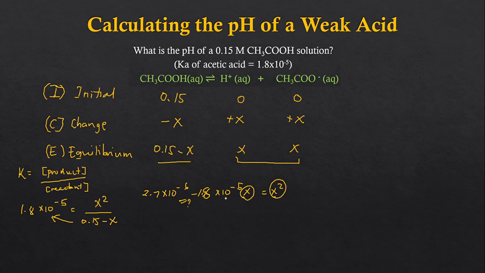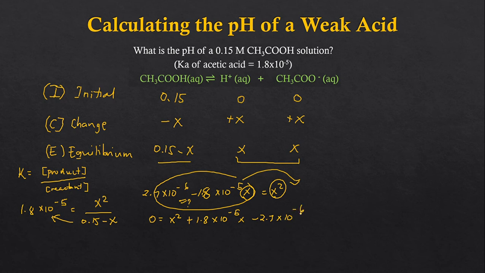So, i-rearrange natin siya, transpose natin itong dalawang to, okay, sa kabilang side. So, we will get 0 is equal to x squared, okay, i-rearrange natin siya na maayos, plus 1.8 times 10 to the negative 5x minus 2.7 times 10 to the negative 6. So, sa case na to, para ma-solve natin yung value ng x, we will be using the quadratic equation.